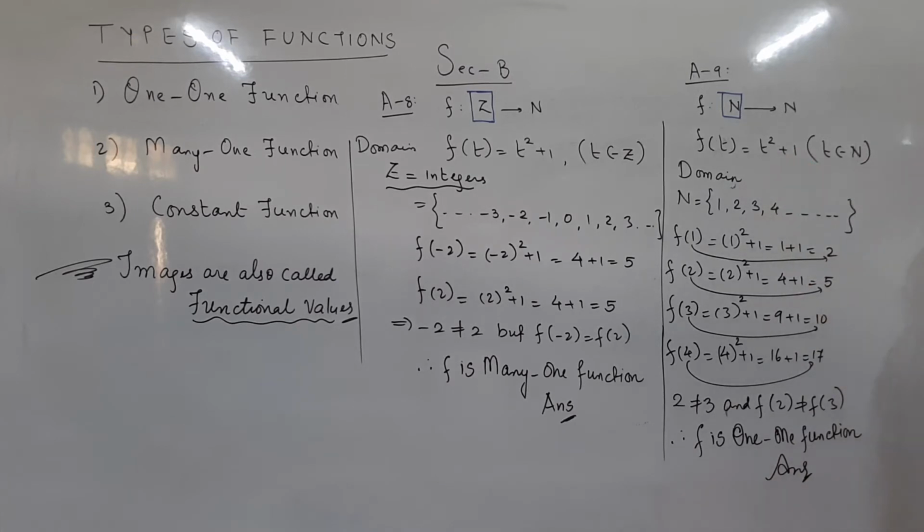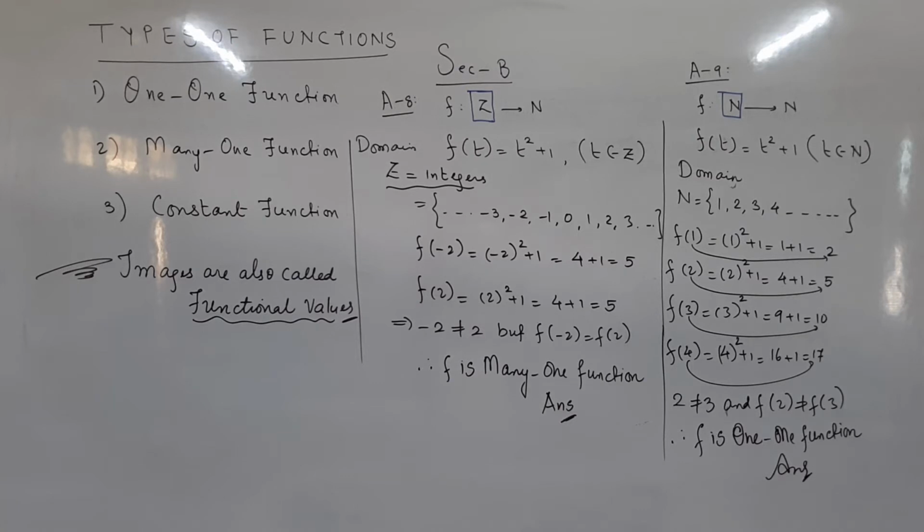So I told you generally a square indicates that it is a many-one function, but altogether it also depends on domain. Check, there is a square in the 8th sum also, there is a square in the 9th sum also, but in the 8th sum the domain is Z, set of integers, while in the 9th sum the domain is N, set of natural numbers.